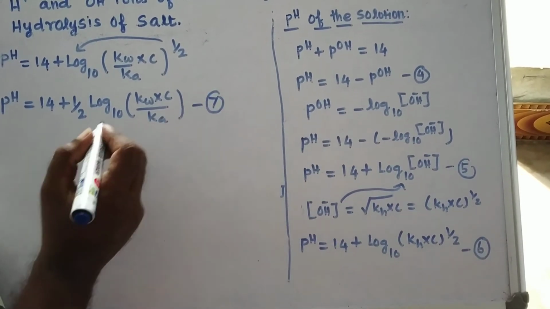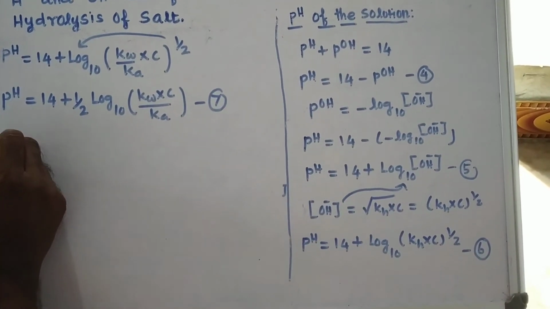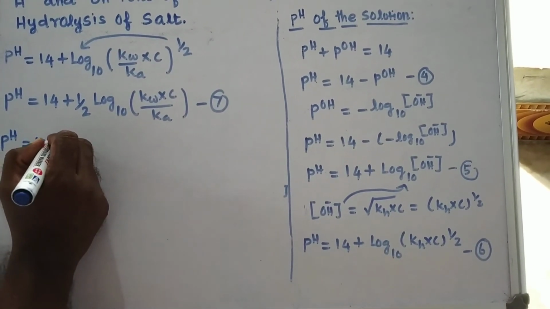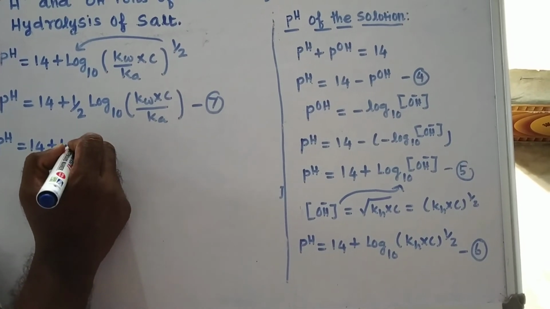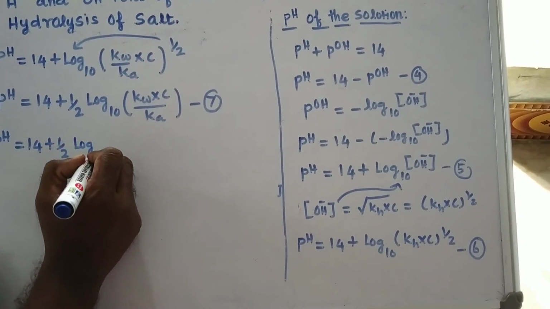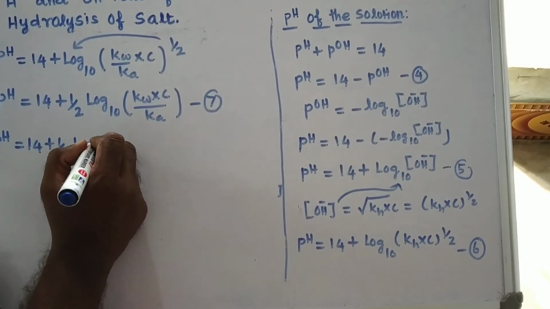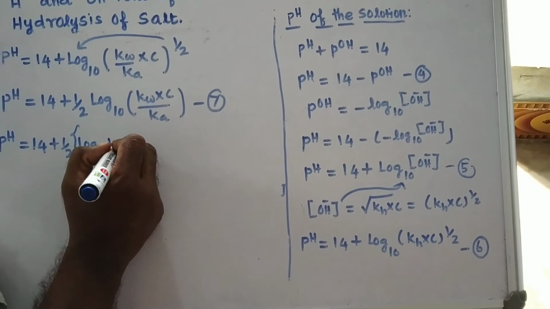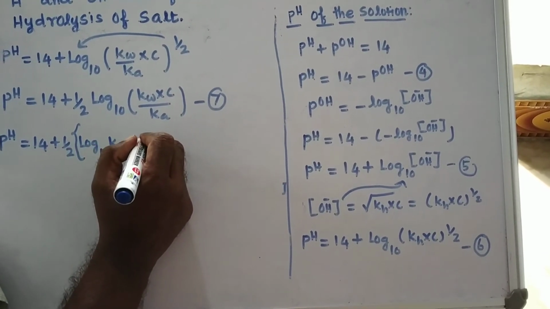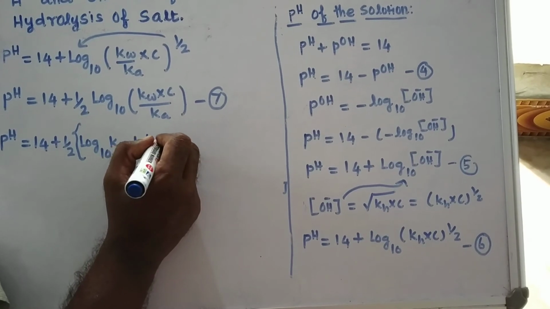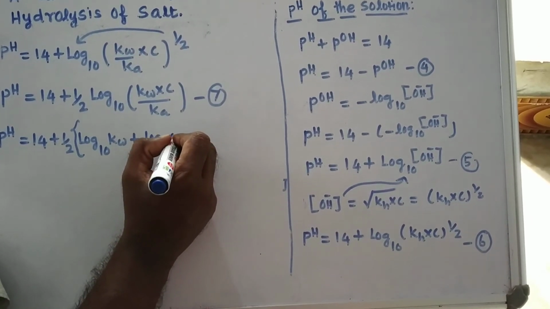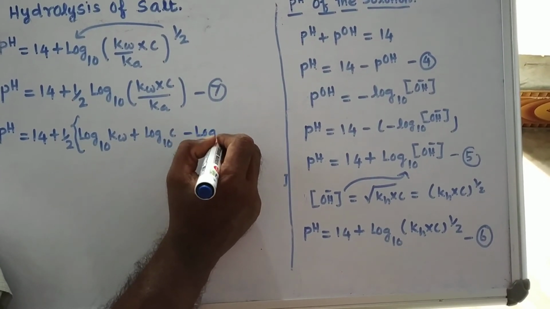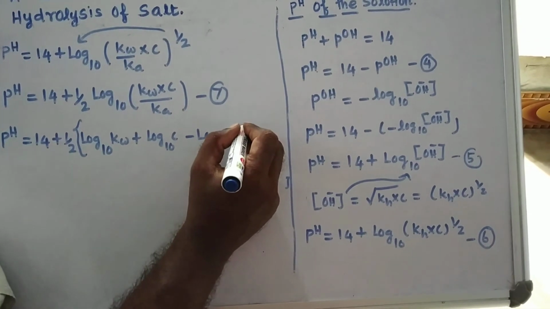Now expand equation number 7. So it becomes pH is equal to 14 plus half log base 10 Kw plus log base 10 C minus log base 10 Ka.